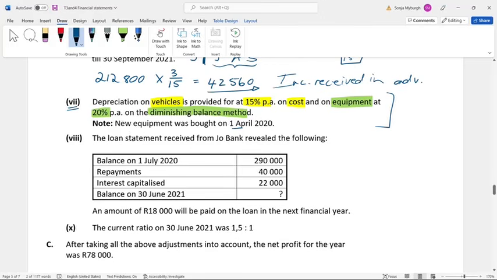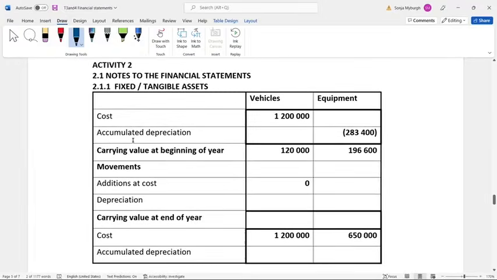For this information, we need to go to note number 3. Important that you notice that we have 3 parts. Carrying value at the beginning, the movements, and then carrying value at the end. What was the carrying value at the beginning? Cost price minus accumulated depreciation. What happened during the year? Only 2 things. We can buy or depreciation to be written off, and that will give us the carrying value at the end.